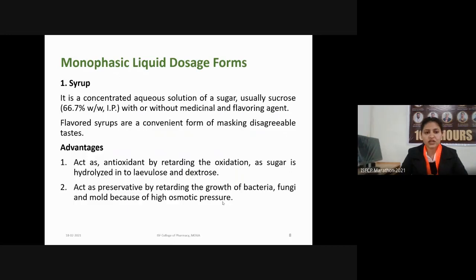Because of this high osmotic pressure, the bacterial and fungal growth is retarded in syrups, and they act as a preservative themselves. It means if we are preparing a syrup, there is no need to add a preservative. They show self-preservative action.